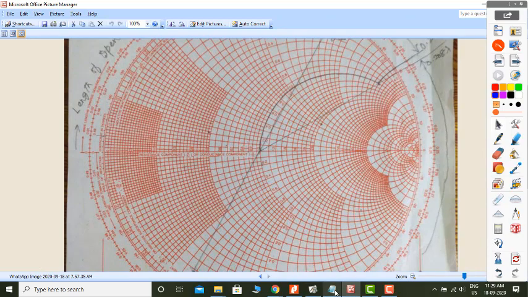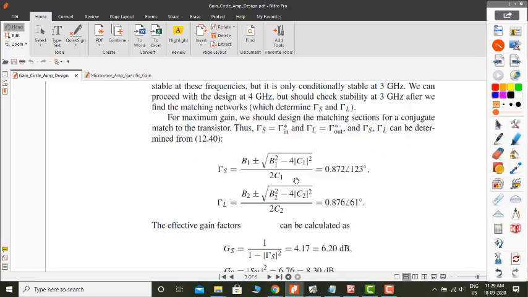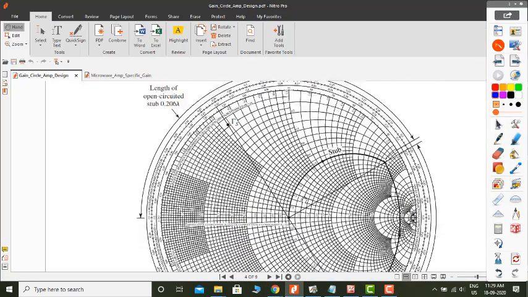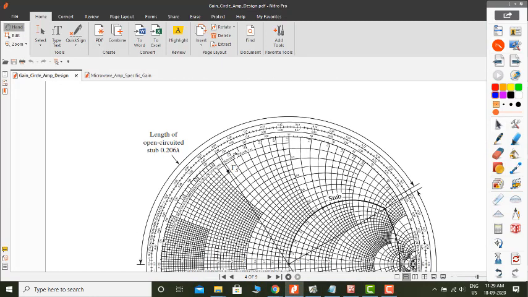This one is for the load side. Yeah, this is the source side. First you mark 123 degree. So this is the 123 degree on the Smith chart.